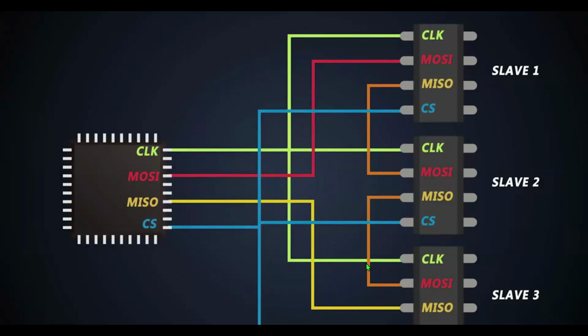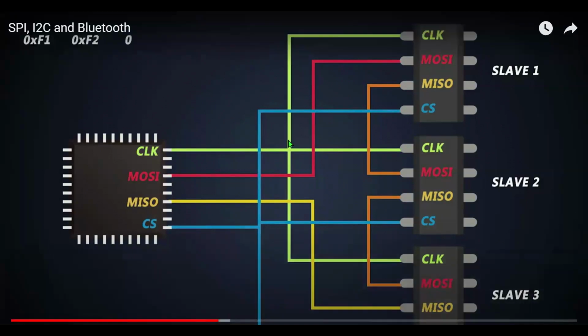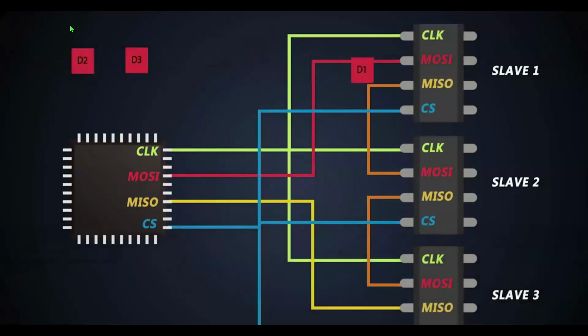Now let's see how data is transferred from master to all slaves. For that, the master will send the data to all the devices. For example, we need to send 8-bit data packets D1, D2 and D3.